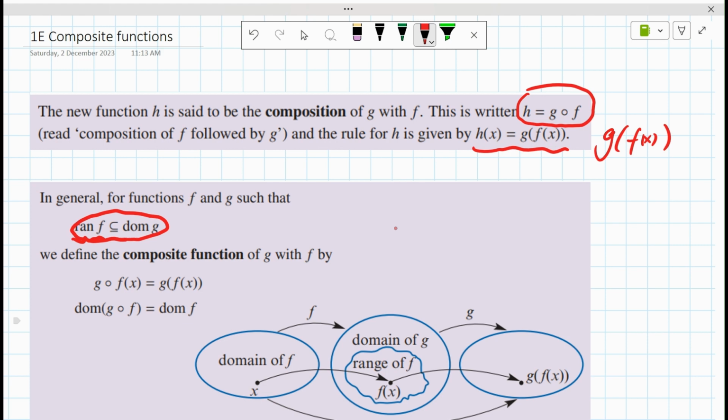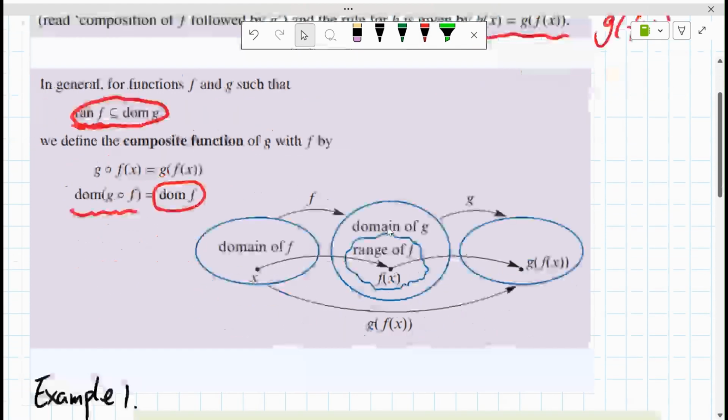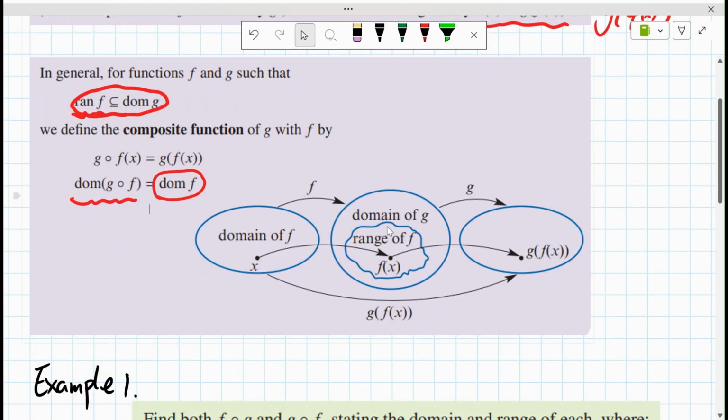Then the domain of g followed by f is the domain of the function f(x), which belongs to the domain of g and the range of f.